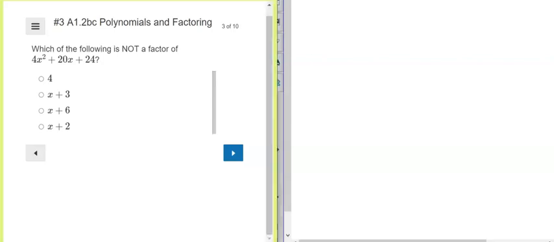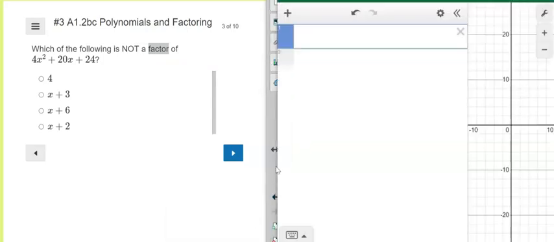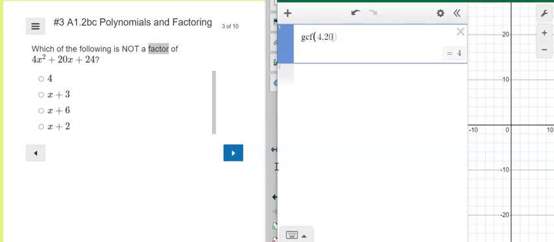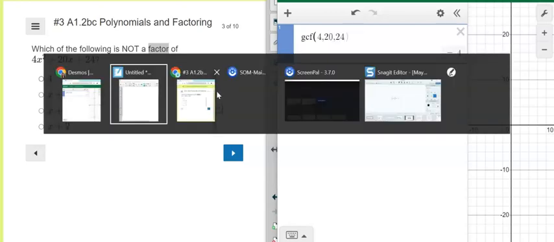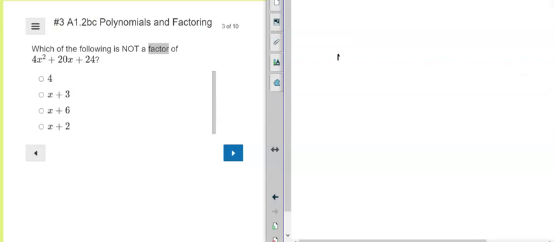First of all, factoring, okay? There's many different ways we factor, but for this one, whenever you see 3 numbers, always go ahead and look for the GCF first. So the GCF of 4, 20, and 24 is 4. So I'm going to go ahead and factor out the 4 first.